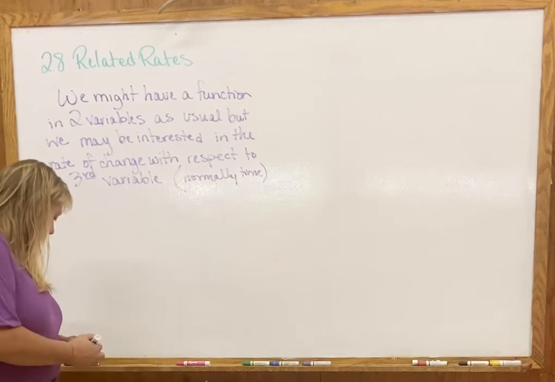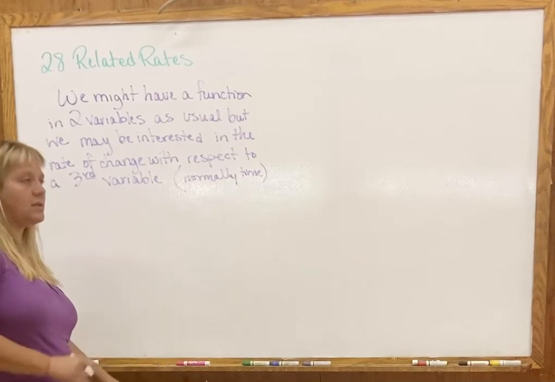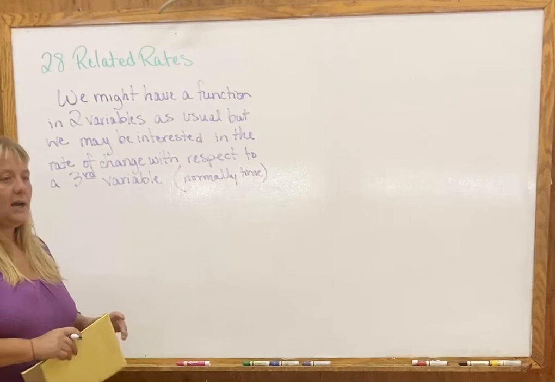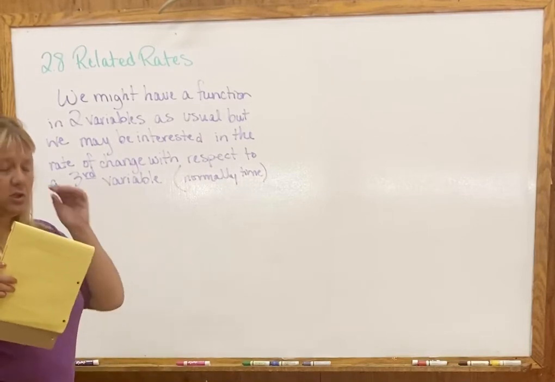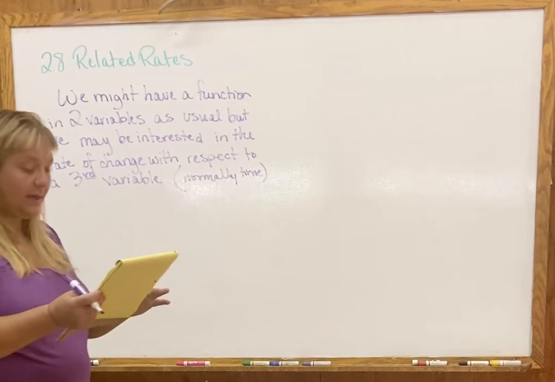So let's look at an example here. We're going to start with one that is a real world example that we can kind of talk through, and hopefully you can visualize, okay?